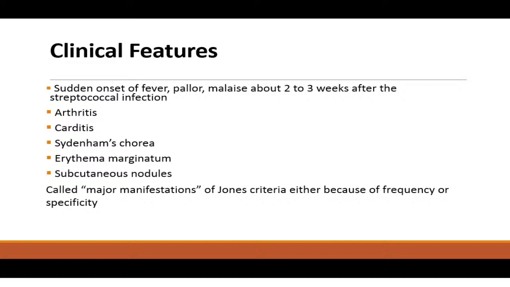Other main symptoms are arthritis and arthralgia, carditis, Sydenham chorea, erythema marginatum, and subcutaneous nodules. So we call these 5 signs the major criteria of rheumatic fever.